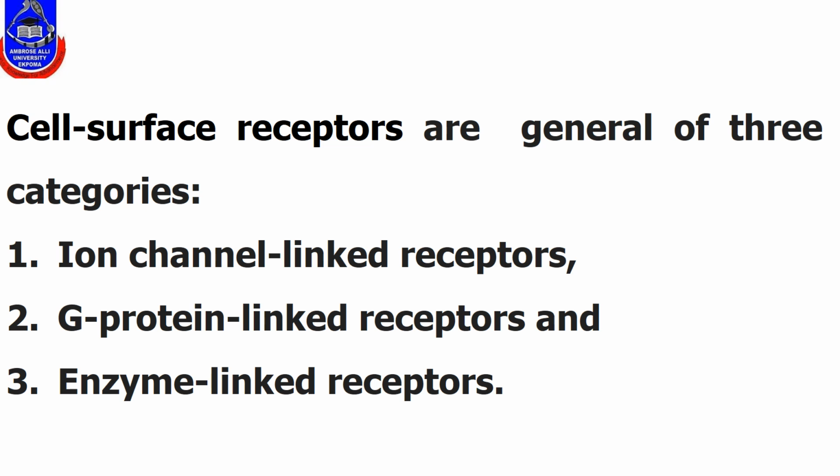Cell surface receptors are generally of three categories or types. We have the ion channel linked receptors, G protein linked receptors, and enzyme linked receptors. We shall consider each one of these in turn, starting with the ion channel linked receptor.